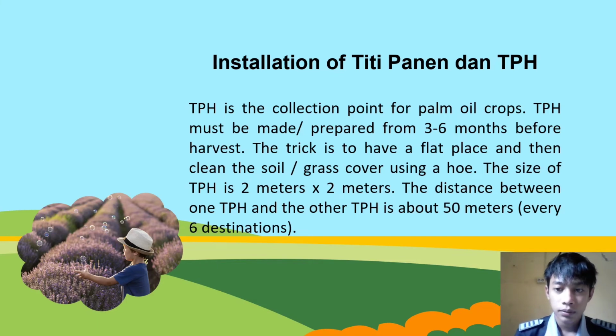The size of TPH is 2 meter by 2 meter. The distance between one TPH and the other TPH is about 15 meter.